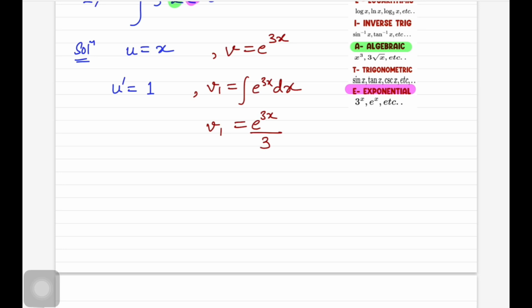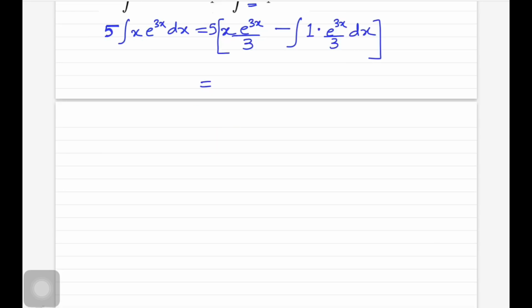Now the integration by parts formula, and let's quickly put all the values here because 5 is outside. This first term will follow the same over 3, and here we are going to take 1 by 3 outside the integration, e to the power 3x dx.